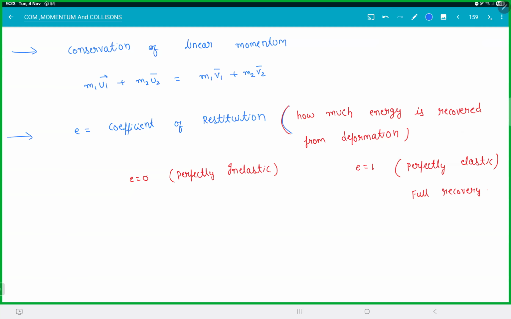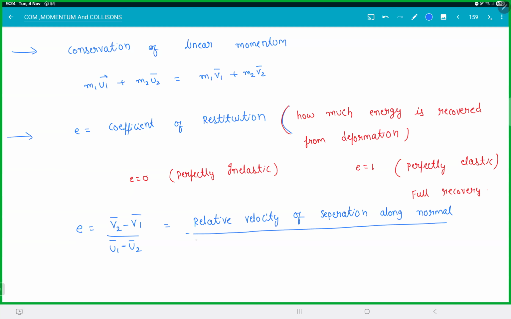The formula for this: E is the magnitude of V2 bar minus V1 bar, divided by U1 bar minus U2 bar. This is the relative velocity of separation, V2 minus V1, the final velocities, along the normal, divided by the relative velocity of approach.